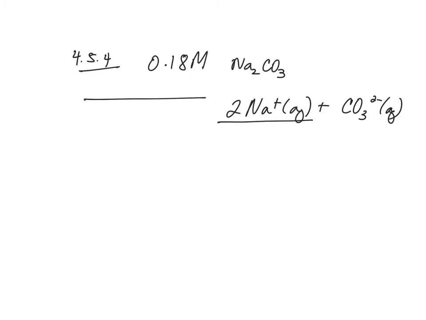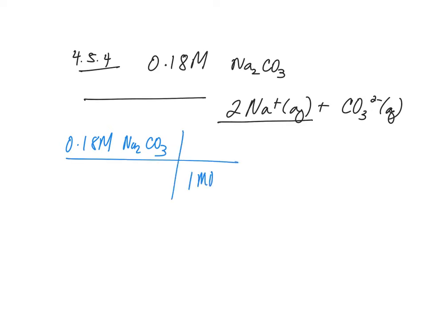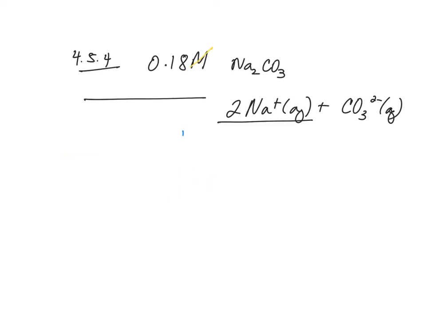Now, so 0.18 molar of sodium carbonate, and for 1 molar, well, you know what I like to do. I like just to go straight to moles. So let's just, for fun, make this moles. Okay, and we can do it for this type of problem.